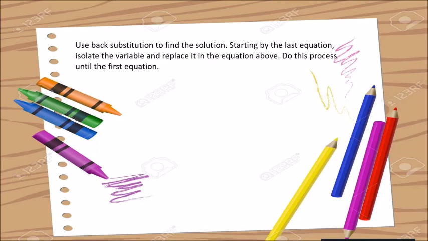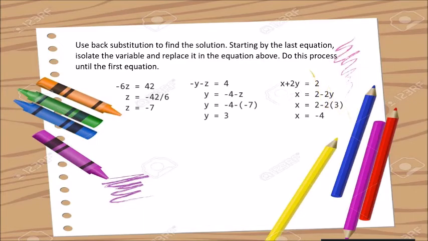We use the back substitution method to find the solution. Starting with the last equation, isolate the variables and replace them in the equation above. Do this process until the first equation. So the solution is x equal to negative 4, y equal to 3, and z equal to negative 7.